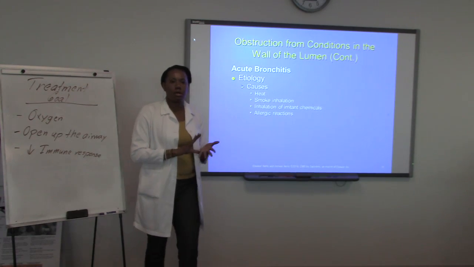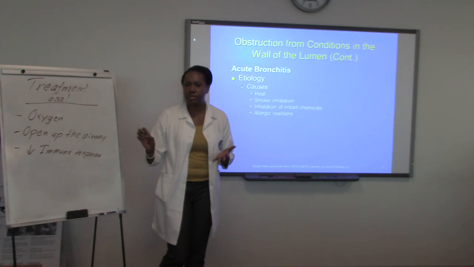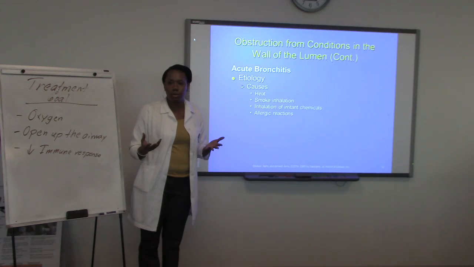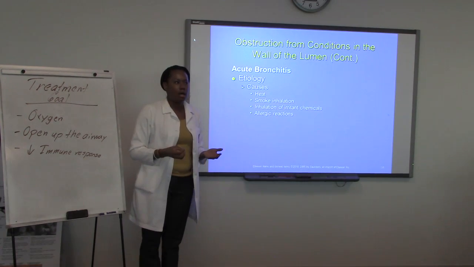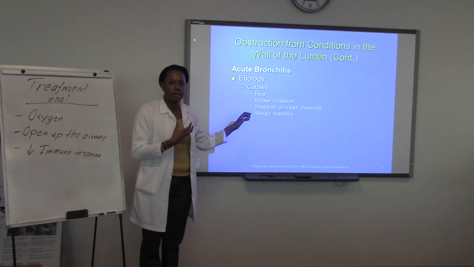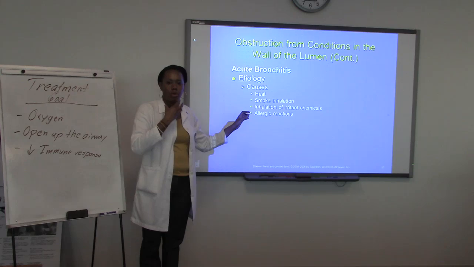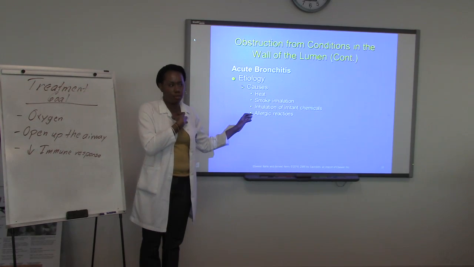So again, going back to one of the examples that I gave you, say a person that is working in a casino and they're working around smoke all the time, or in a smoke shop, can they have it lead to a bronchitic situation? Yes, because if they're constantly inhaling smoke day in and day out, this will definitely cause an inflammation at some point.